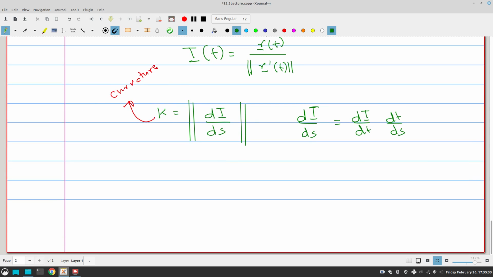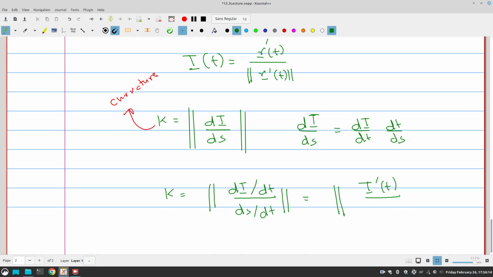Therefore, kappa can also be written, if you want to change the parameter, as the magnitude of dT over dt divided by ds over dt, or it can be written as the modulus of T prime of t divided by the modulus of ds by dt, right?